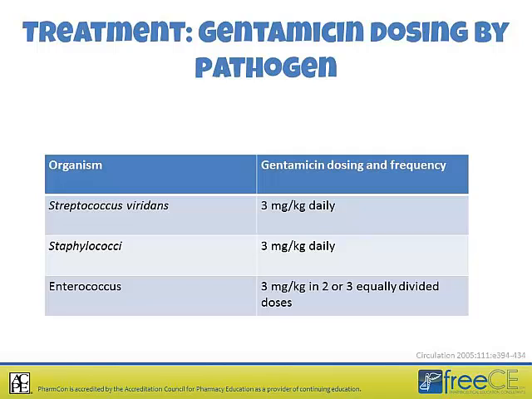And a lot of this has to do with the pathogen as well as your antibiotics itself. So gentamicin has a difficult time penetrating into the Enterococcus, but the Enterococcus is relatively resistant to our beta-lactam antibiotics.